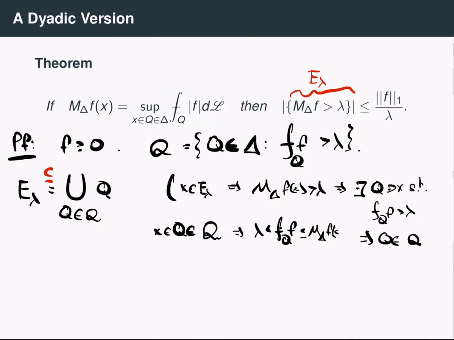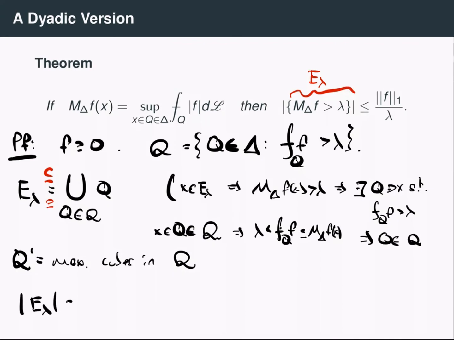So this is at most the maximal function of f evaluated at x. So that implies that x must be in E lambda, and that proves the reverse containment. Okay, so now by the previous theorem, if I let Q prime equal the maximal cubes in Q, this is a collection of cubes with disjoint interiors that has the same union. So in particular, its union is also equal to E lambda.